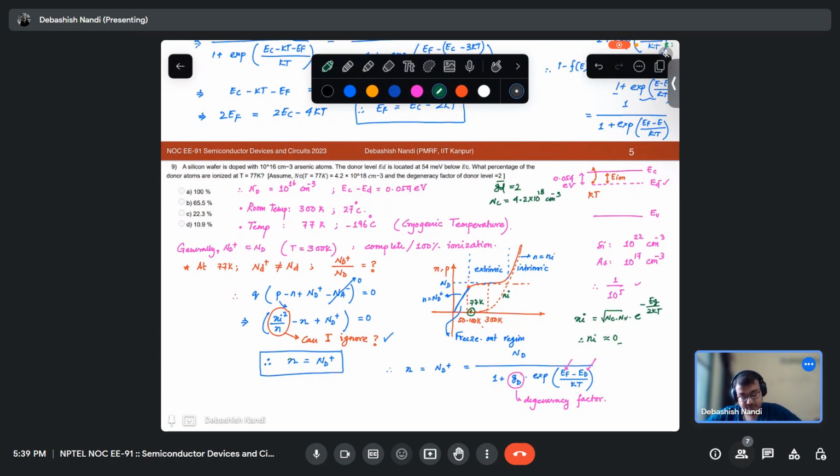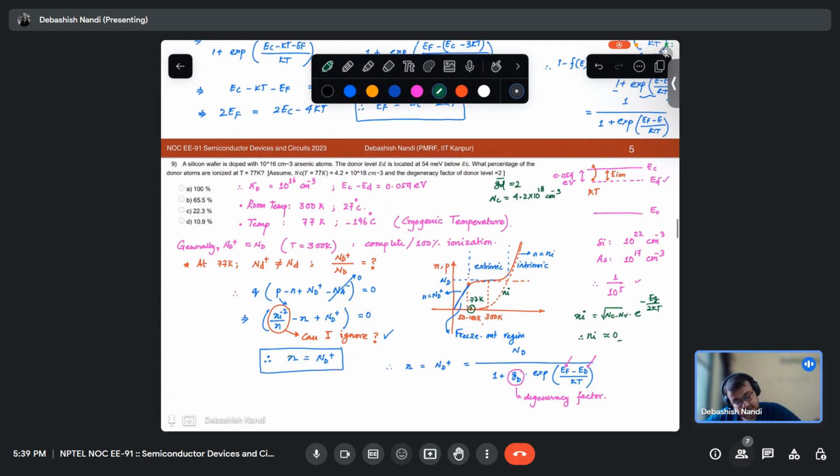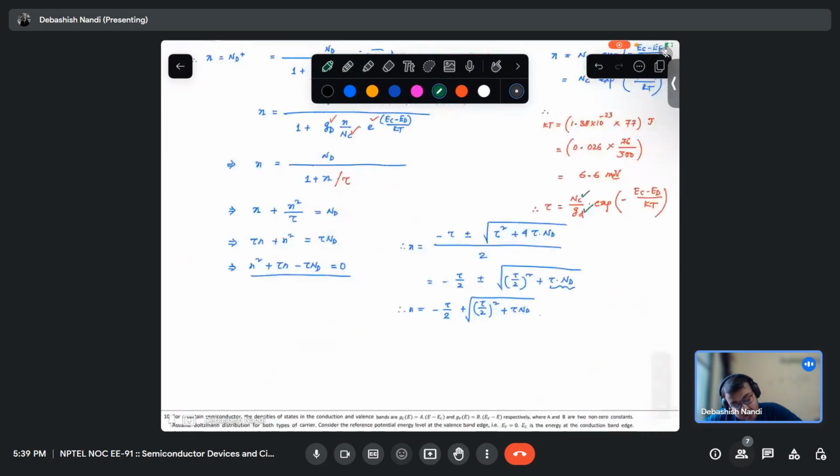This quantity is given as 54 milli electron volt. Kt you have found to be 6.6 milli electron volt. So you can obviously calculate tau, right? What will your tau be? If you calculate, tau will be around 6.4 multiplied by 10 raised to 14.